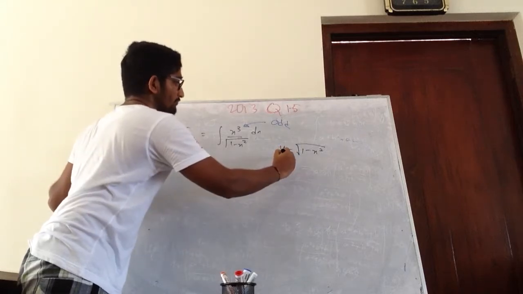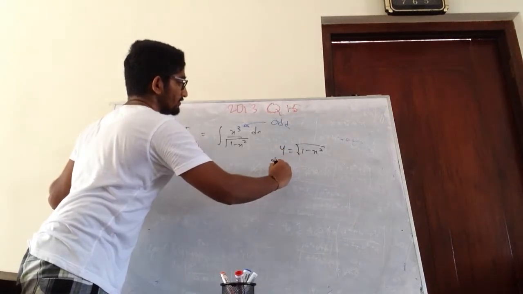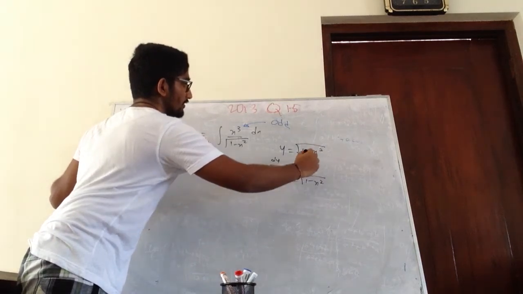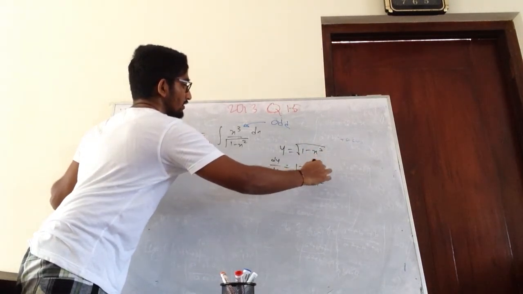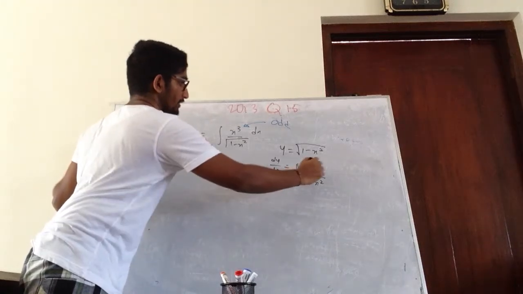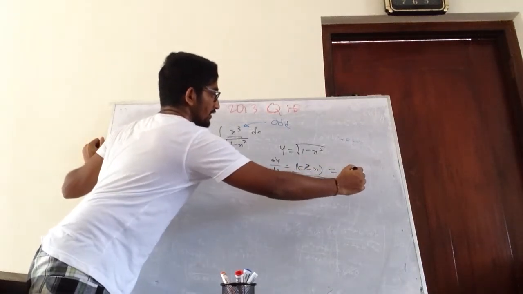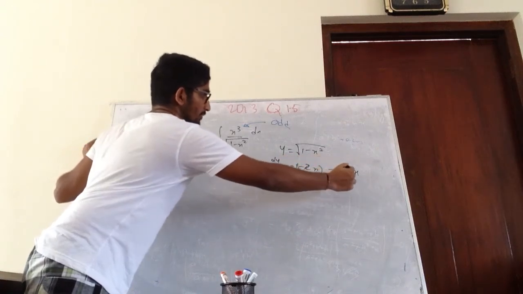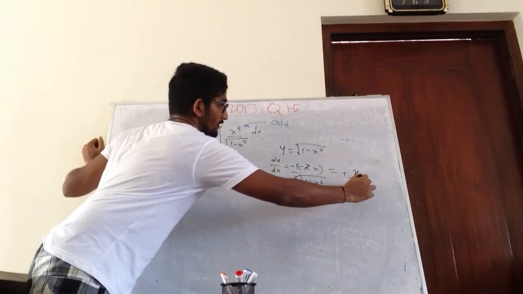Okay. So this will become dy over dx equals half times 1 minus x square to the power minus half times minus 2x. Correct? So half will be cut off. This will be minus, it is going to be plus, x over root of 1 minus x square.